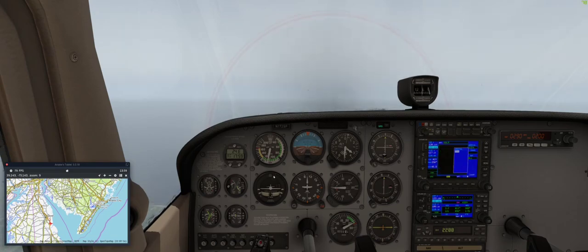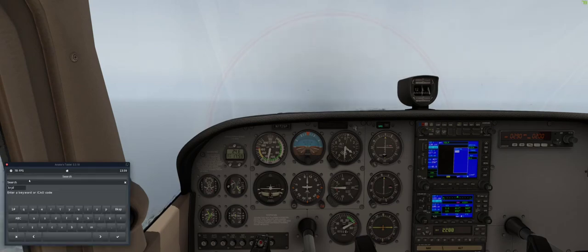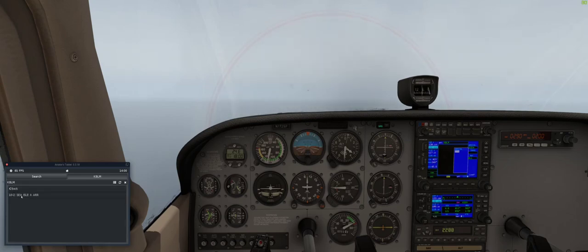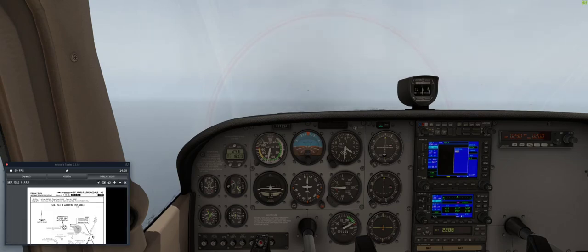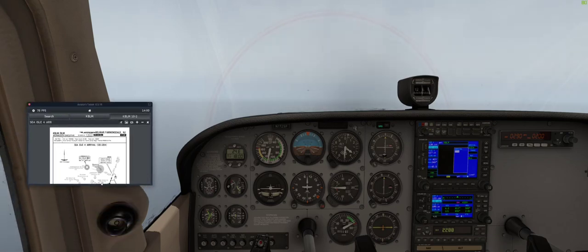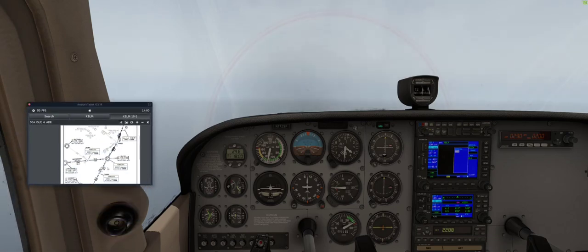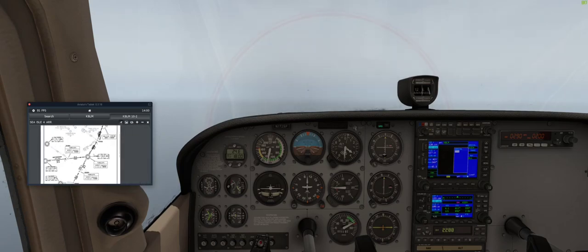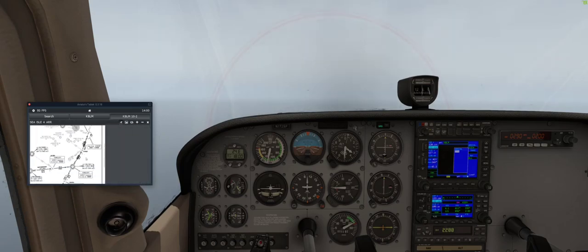SIE. That's correct. If I go back into airports mode and put in KBLM and look at the charts, arrival, yeah, see SIE4 is an arrival that goes to that. And let's look at that.